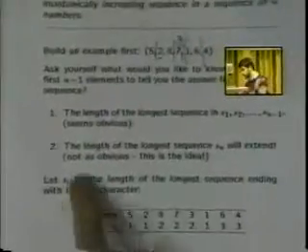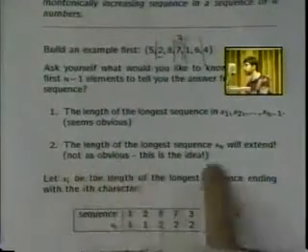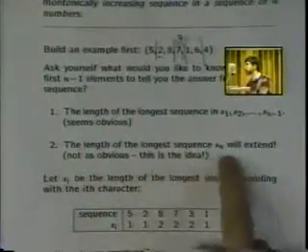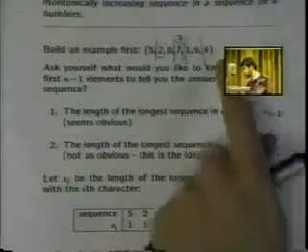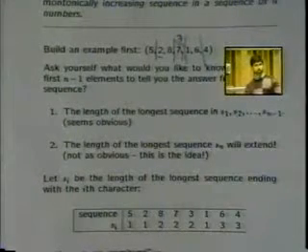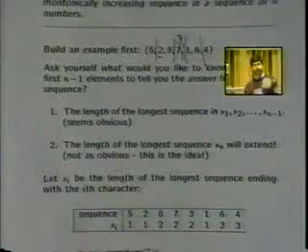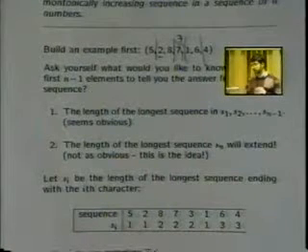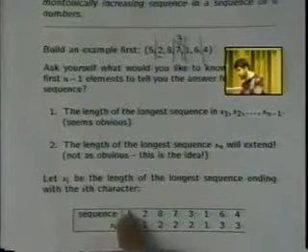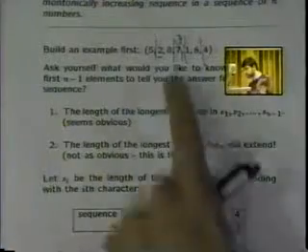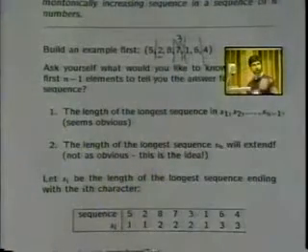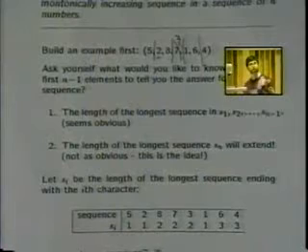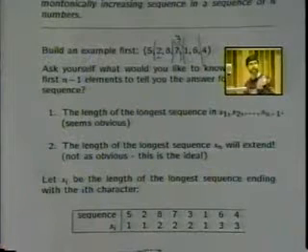So the thing that I want to know is the length of the longest sequence that I can extend by adding the last element. Okay? And for that, what I really think I'd like to know is, for every element in my permutation so far, the length of the longest sequence that ends at that element.